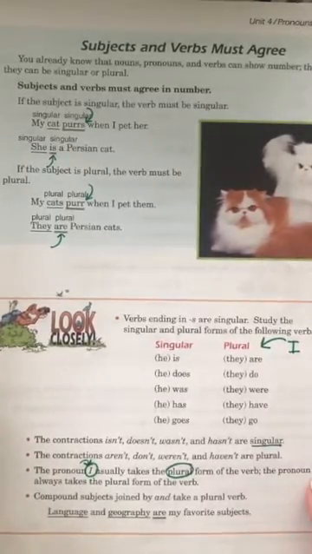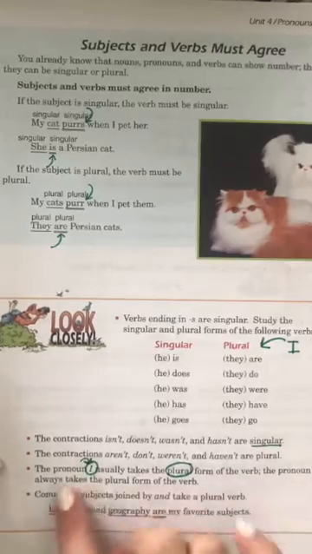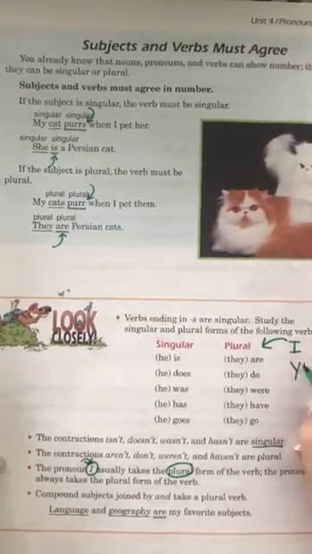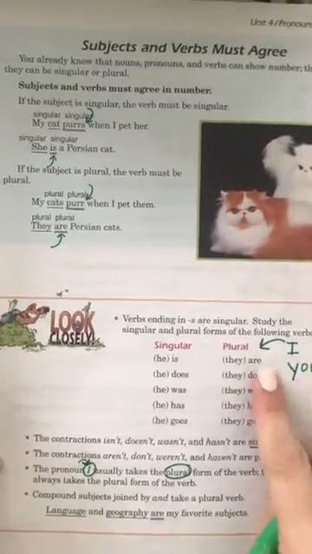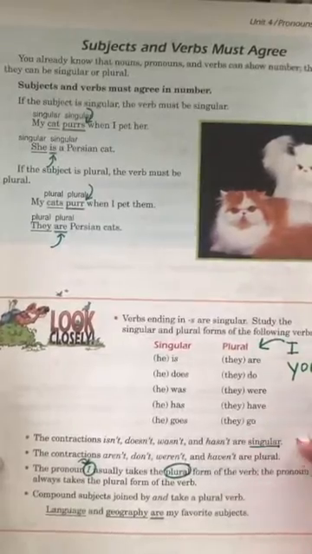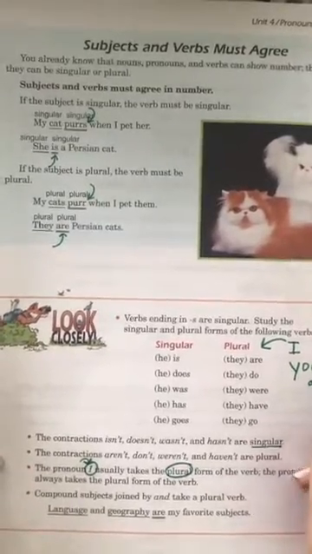The pronoun you always takes the plural form. So you would always say you are, you do, you were, you have, you go. So you is always plural.